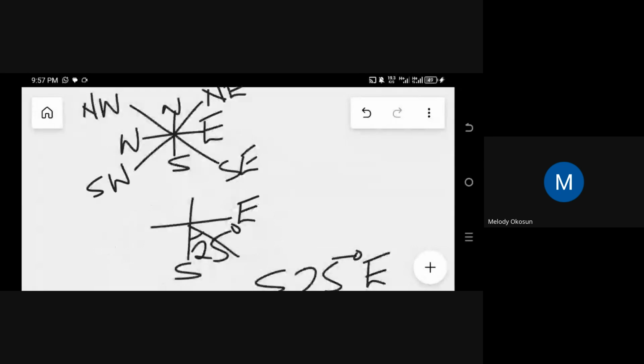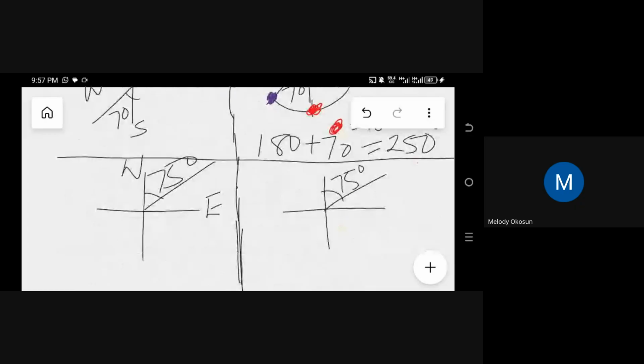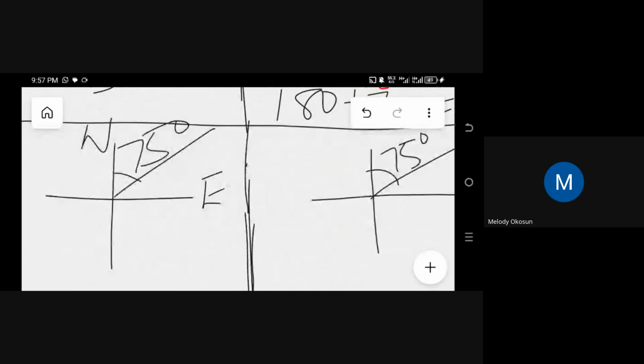So why should we have to subtract 75 from 90 to get 15 and say not 15 degrees east, because that 15 degrees will be touching the east and we do not need an angle that will be touching the east, because this is a compass bearing. We need angles that either touch the north or touch the south.